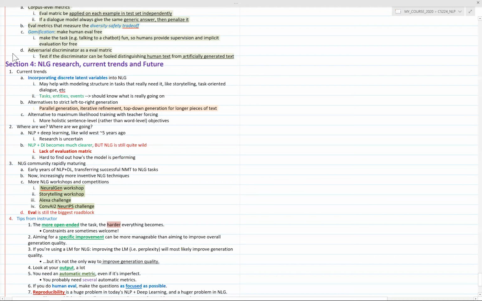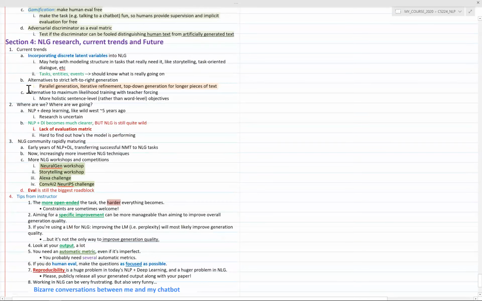And finally, the trend is that instead of maximizing the likelihood of training, we can also focus more on sentence level instead of word level objectives. So basically thinking about the bigger picture.